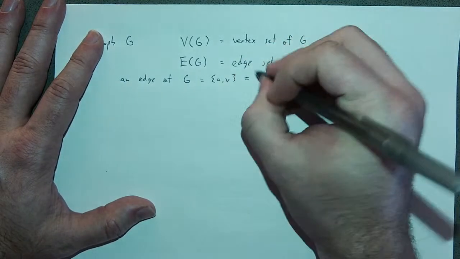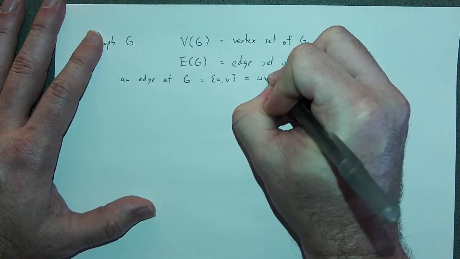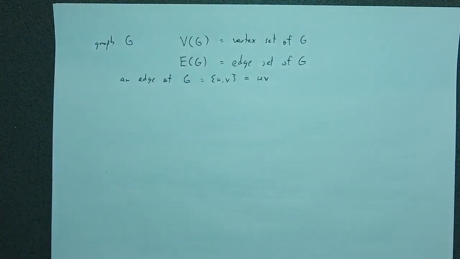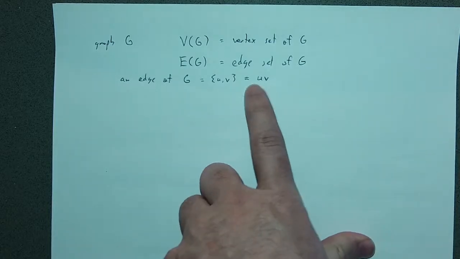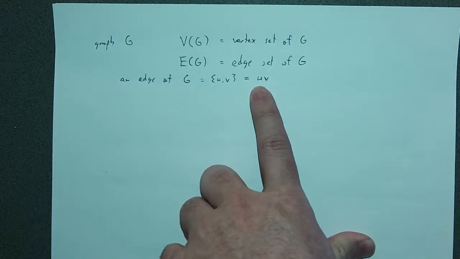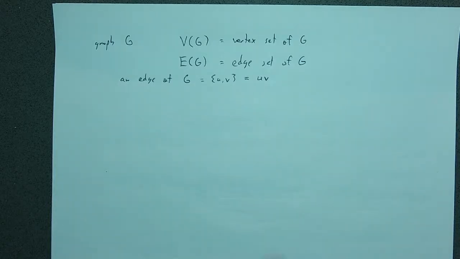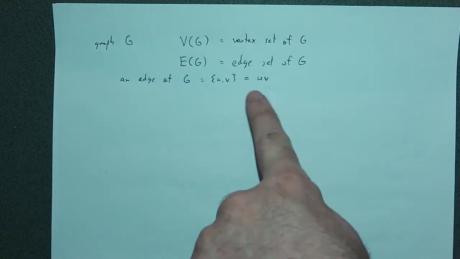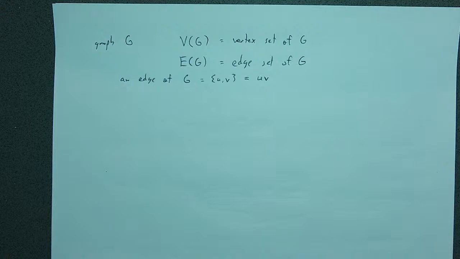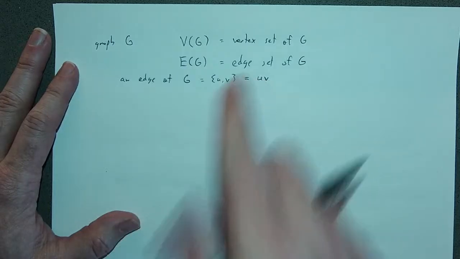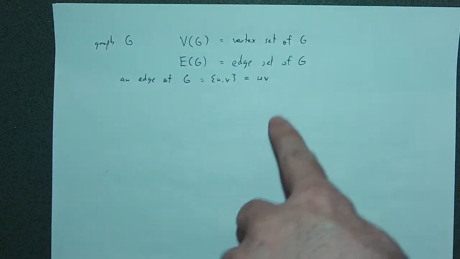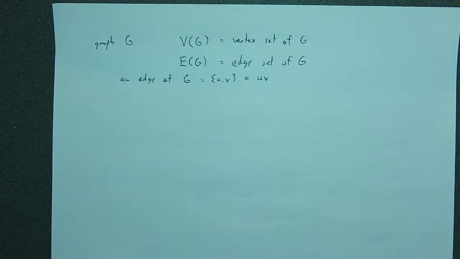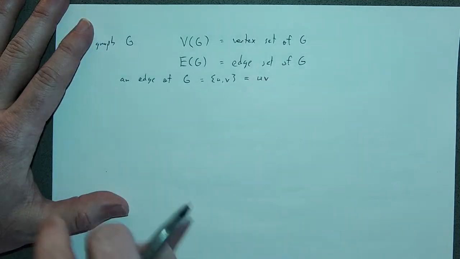So typically the way that we would write this edge, just to save us from writing these squiggle brackets, or any other kind of bracket or denotation, is just writing the two vertices together in this fashion. This would even work in a directed graph. It's like writing a vector in Calc 3, where you have an initial point and a terminal point, so you could even do that with a directed graph. But anyway, writing them like this is fine. In fact, this is probably the most convenient way to write these things.